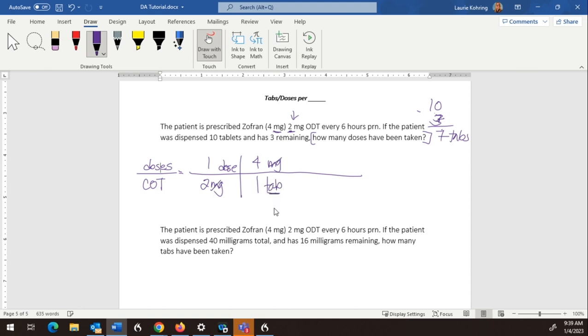I have tablet, but I need to get to this, course of treatment or whatever we're going to call it. So I have tab up here. And then this is where I would say, okay, they took 7 tabs over the course of treatment, whatever duration that was. So now I cancel my tabs and I have my course of treatment on the bottom and dose on the top. So we can go ahead and multiply across and divide by the bottom.